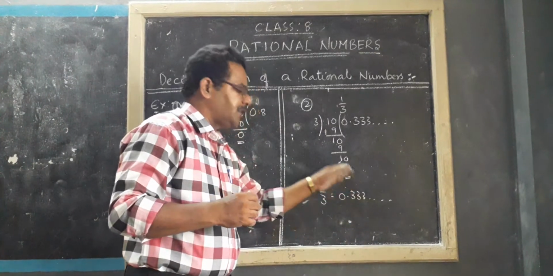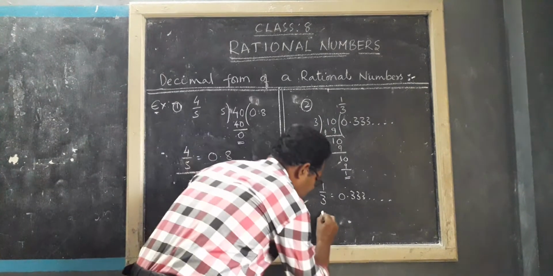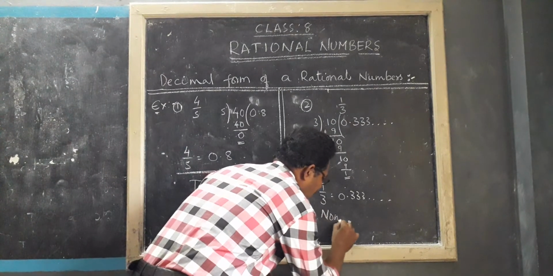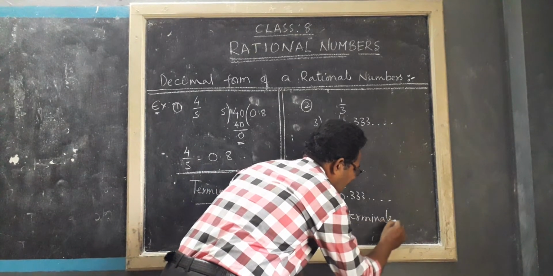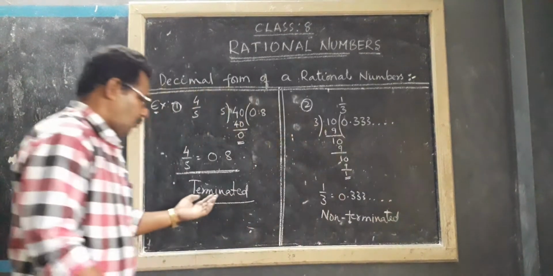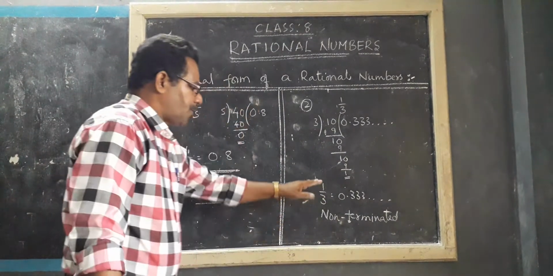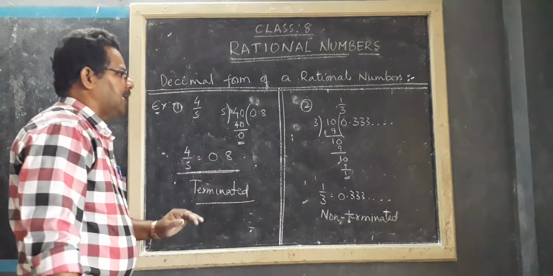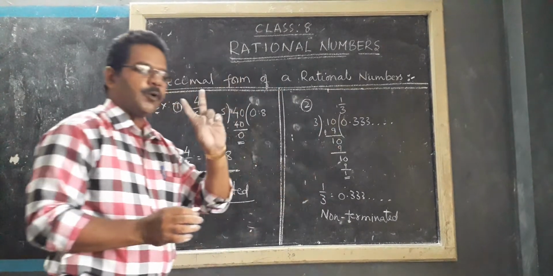Till the end of this division, you cannot get 0 as a remainder. That means here it is non-terminated. So one is terminated and the second one is non-terminated.